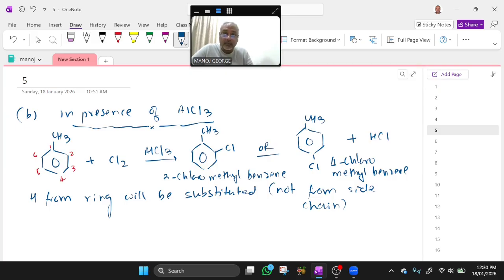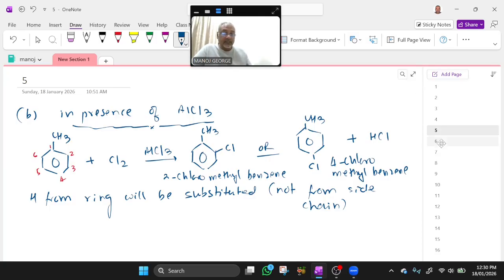You don't have to make both. Only if the examiner asks what possible isomers you will get, only then will you make both of them. Is that clear? If it is clear, we can go to our next page.